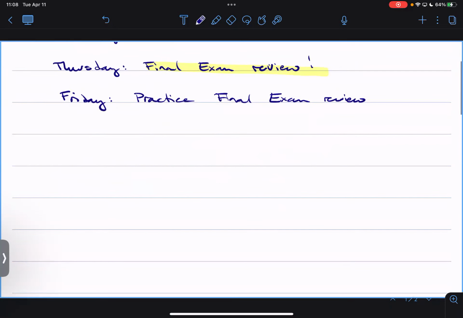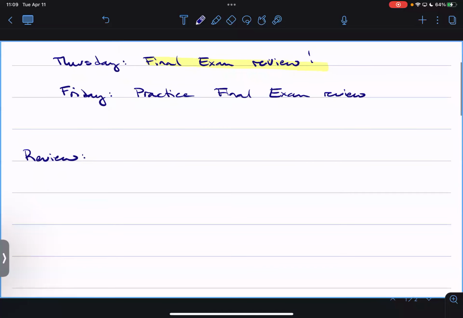All right. Quick review. We talked about the least squares regression line and how we get it. B0 plus B1x, right?